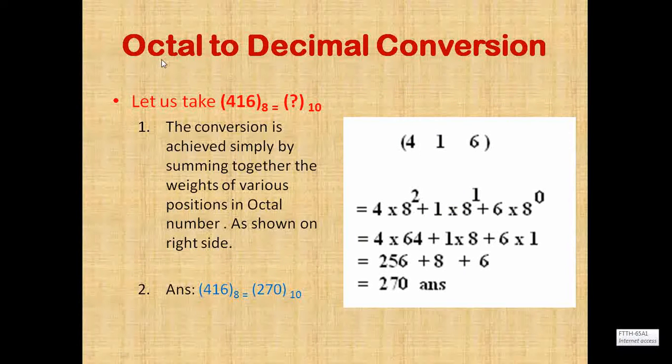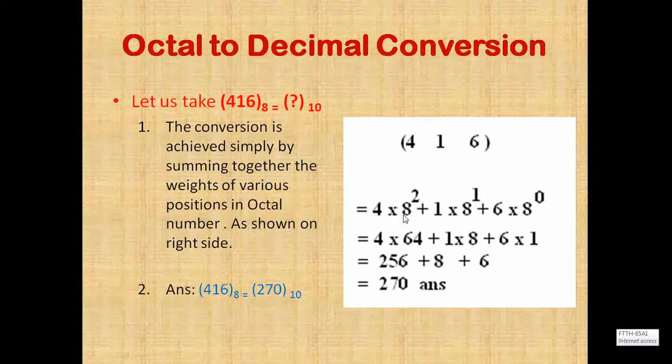The next is octal to decimal conversion. Suppose we have to convert 416 from octal to its decimal equivalent. So keep one thing in mind, that the base of the octal number is 8. So first of all, multiply each digit of this octal number by 8.